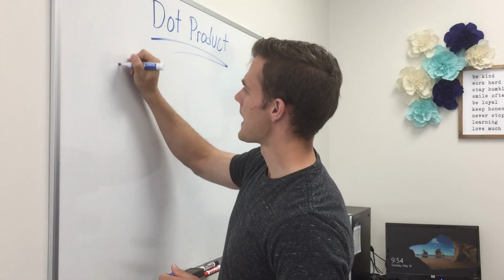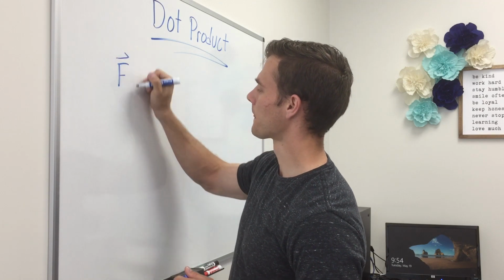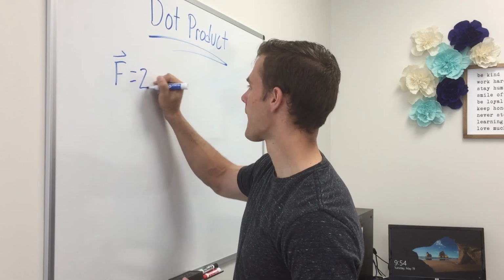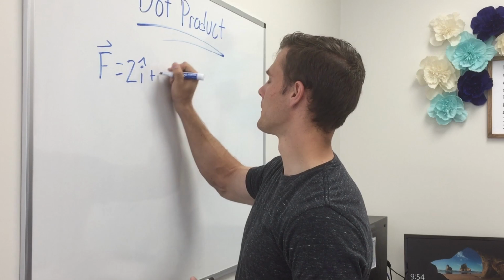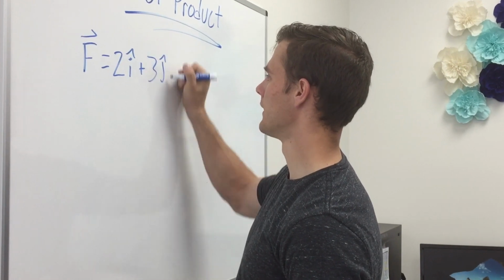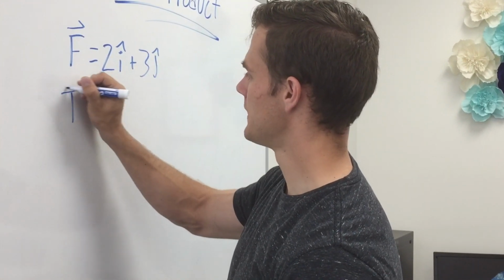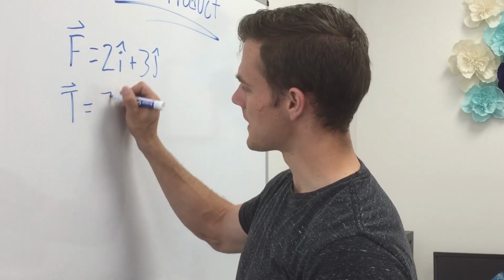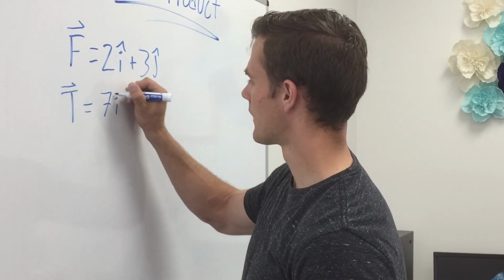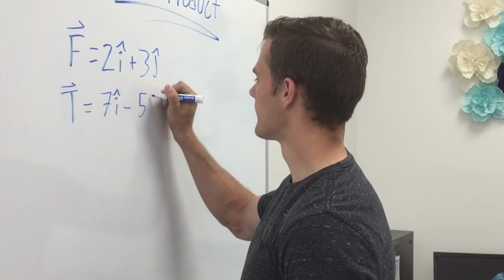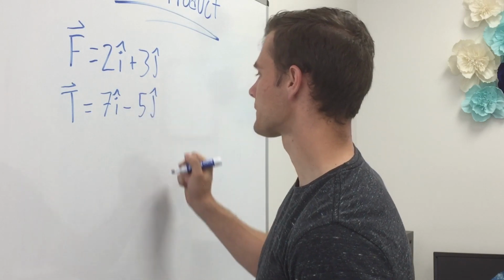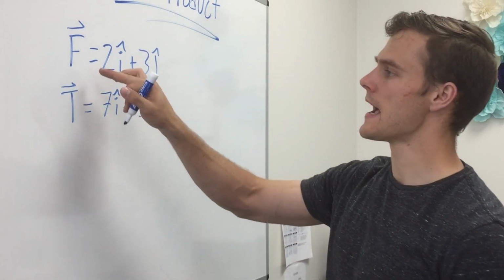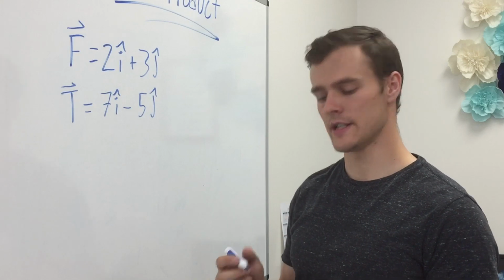So say we have a vector f which equals 2i plus 3j and a vector t which equals 7i minus 5j. And so we see that vector f and vector t are only in the xy plane.